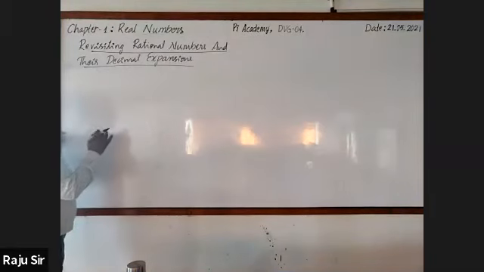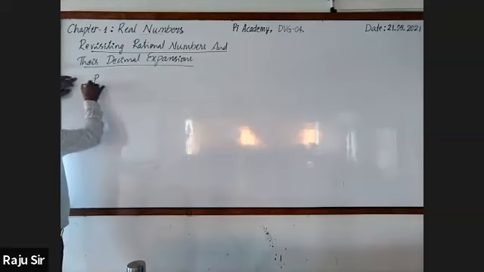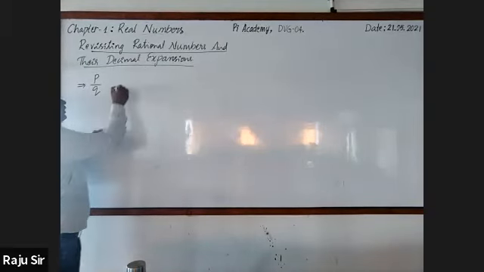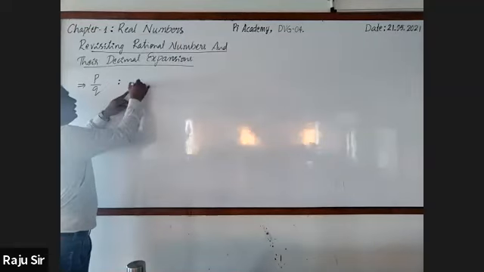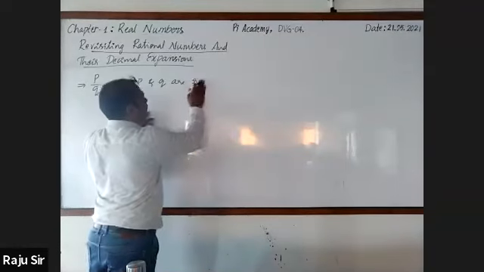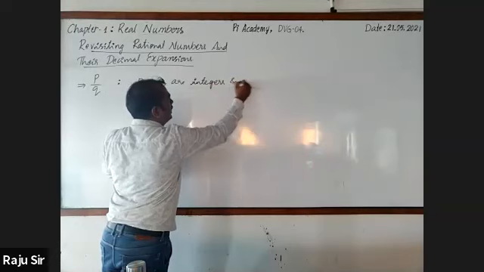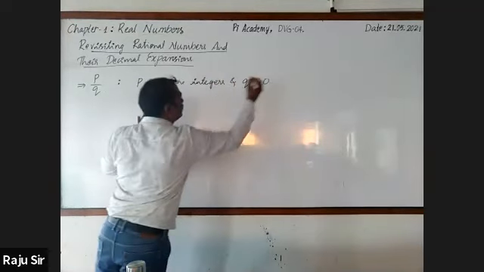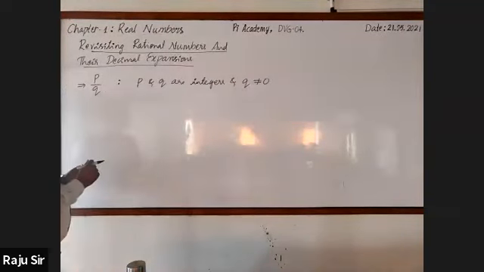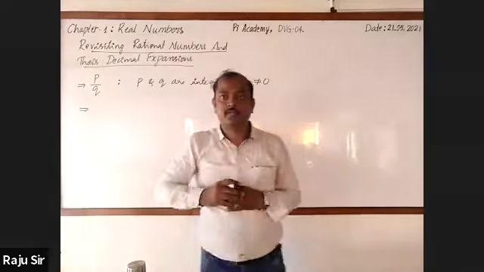With respect to this heading, p by q is a rational number, where p and q are integers and q is not equal to 0. Written?